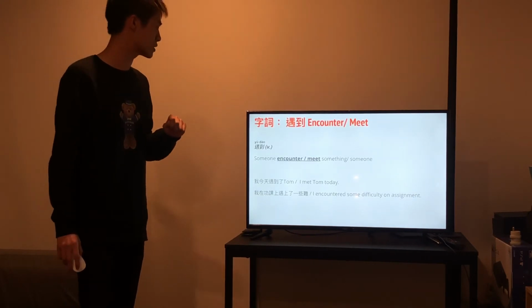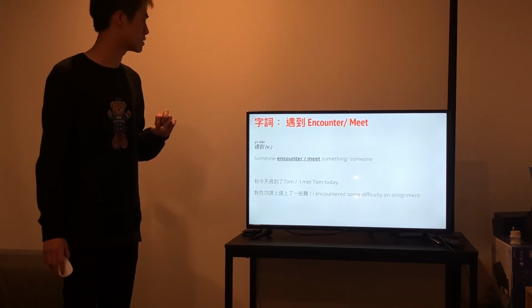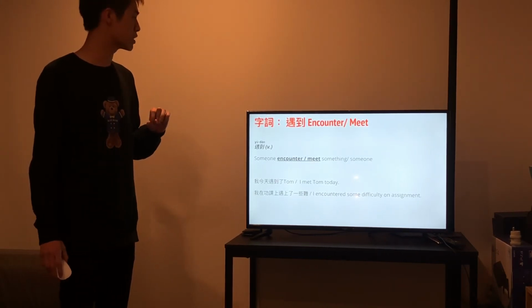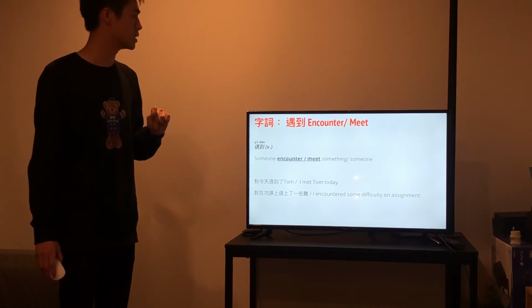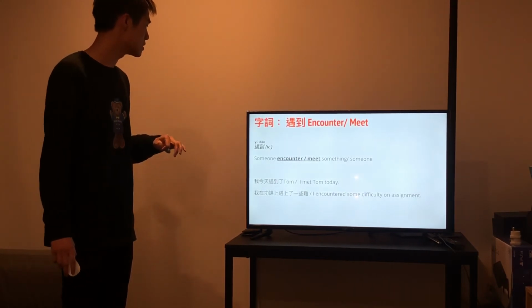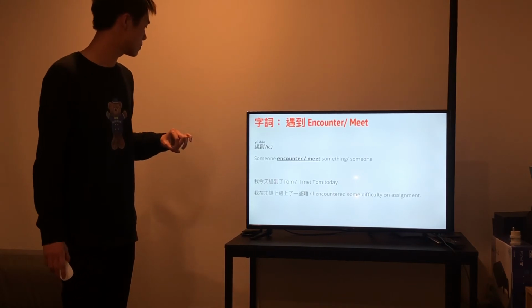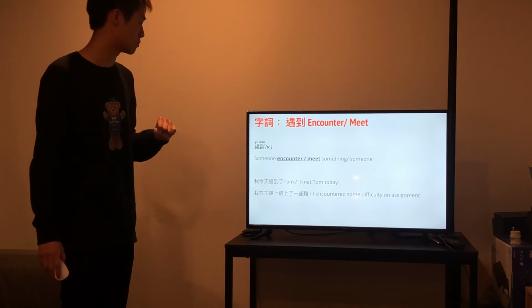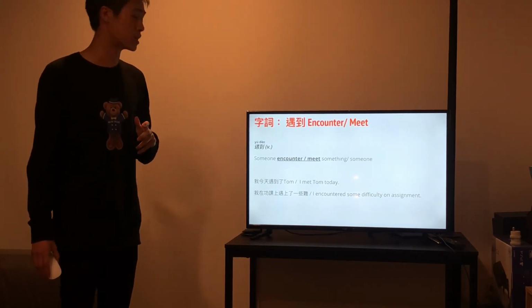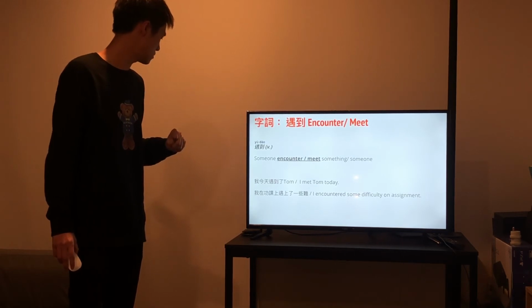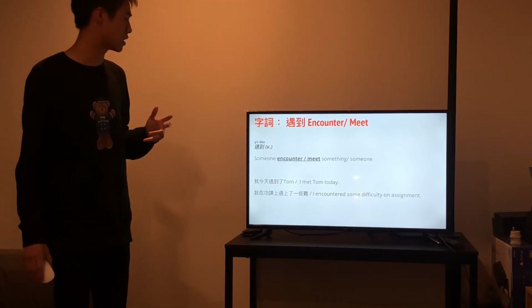Another word is 遇到. This vocabulary in English is encounter or meet. An example is 我今天遇到了 Tom. It's I met Tom today. The second example is a bit different.